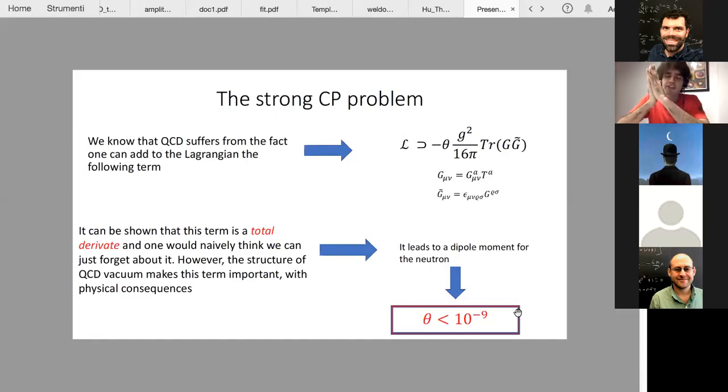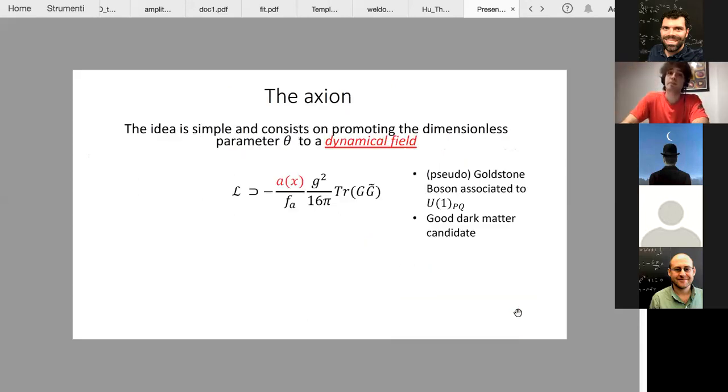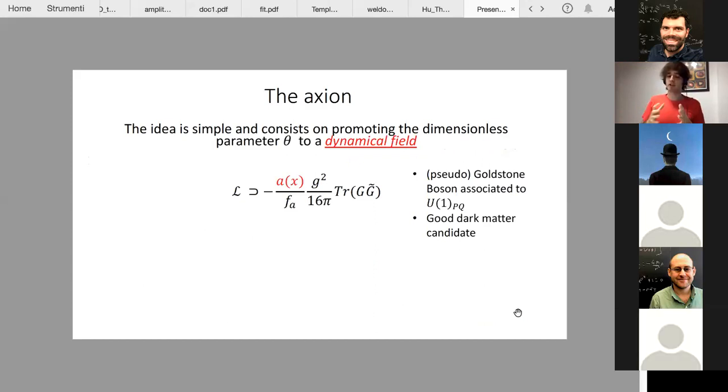The most elegant solution to this problem, at least in my opinion, and one of the few, is the Peccei-Quinn solution and this axion, which is connected to what I just said. You want some dynamical reason for this parameter to be small, so you promote this parameter to a dynamical field.